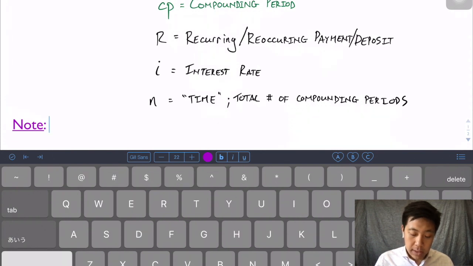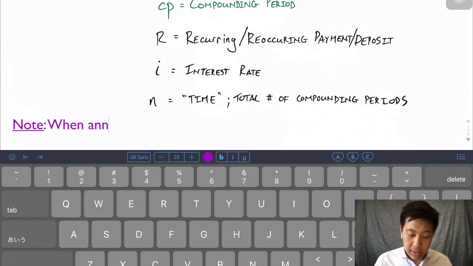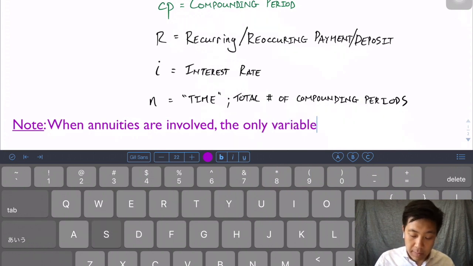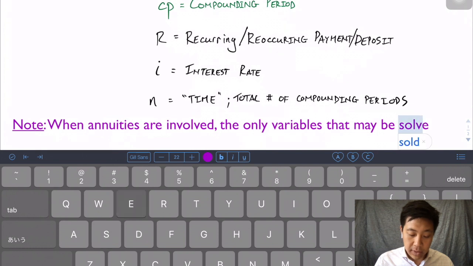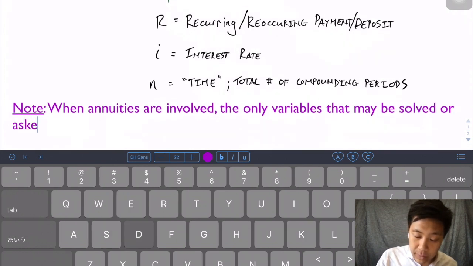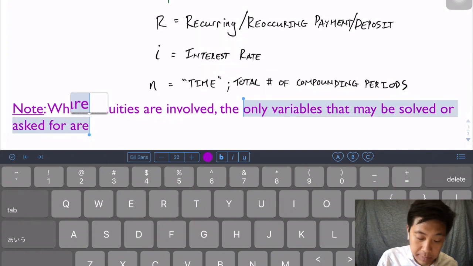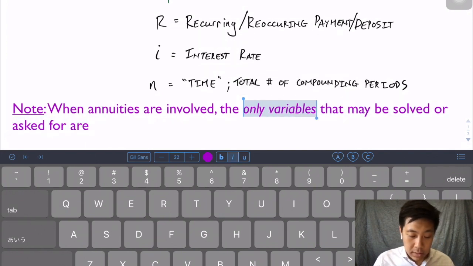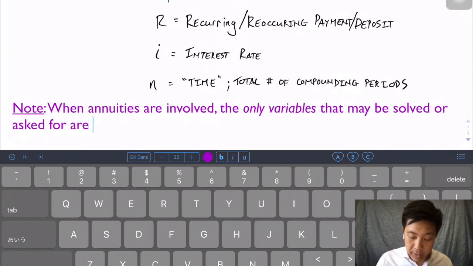When annuities are involved, the only variables that may be solved or asked for, and I'll italicize that so it's very apparent, are the following. And I'll write this in black.